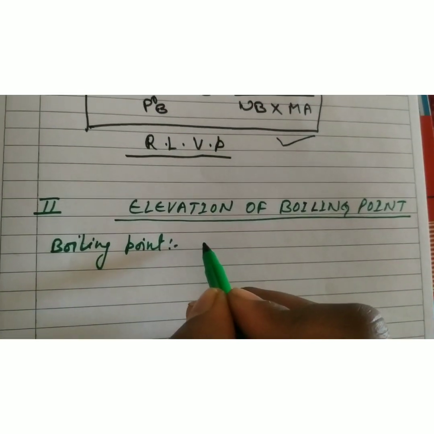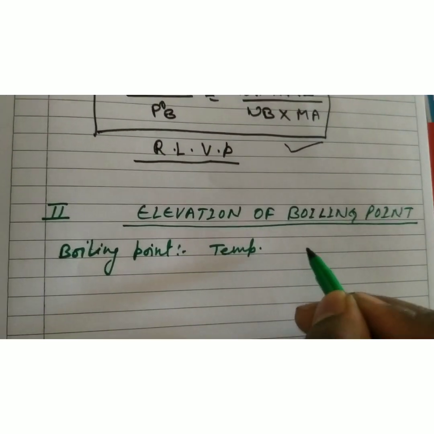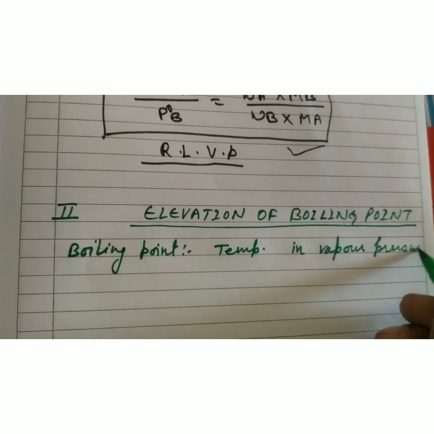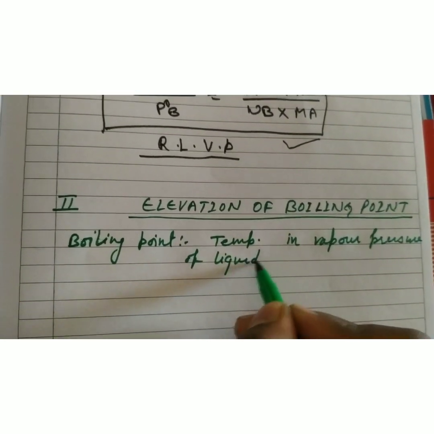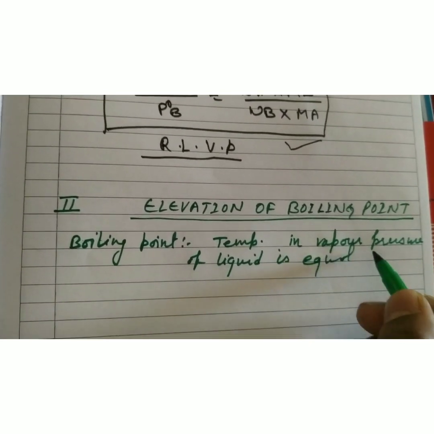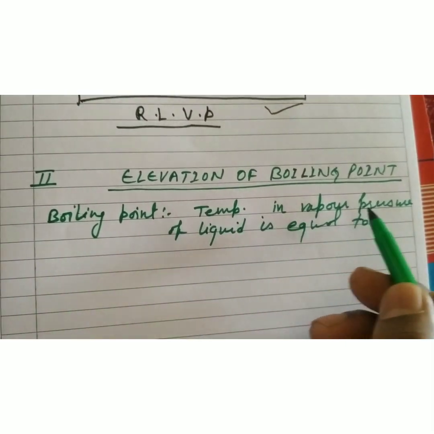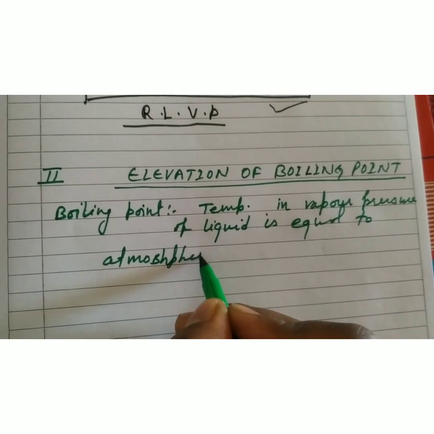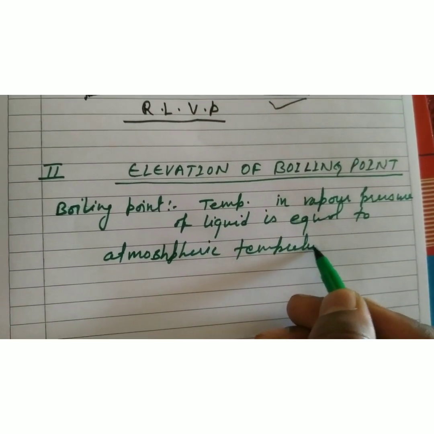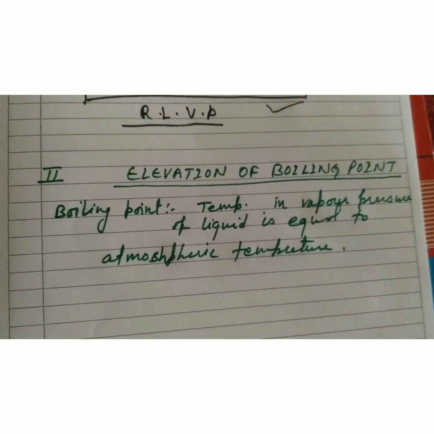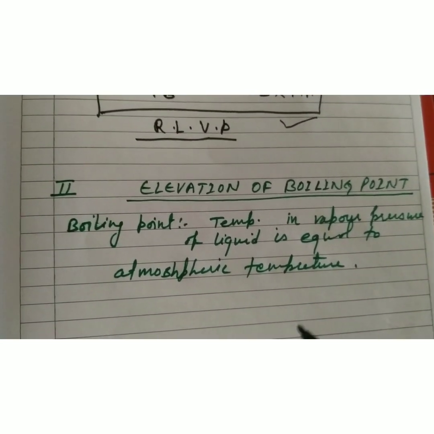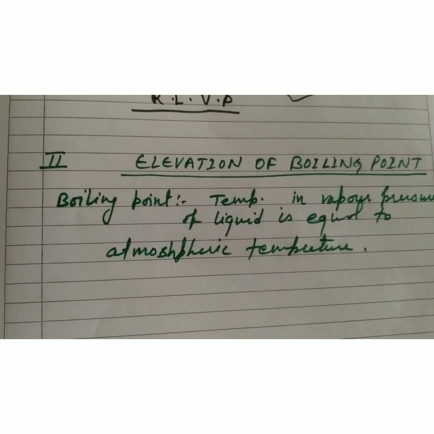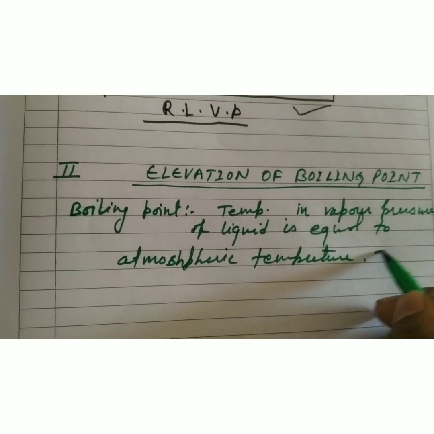Boiling point is the temperature at which the vapor pressure of a liquid is equal to atmospheric pressure. Clear? The temperature of liquid at which vapor pressure of liquid is equal to atmospheric pressure is known as boiling temperature or boiling point, represented by Tb.